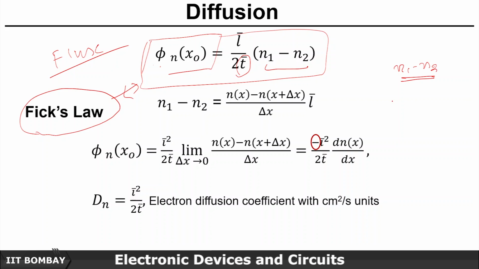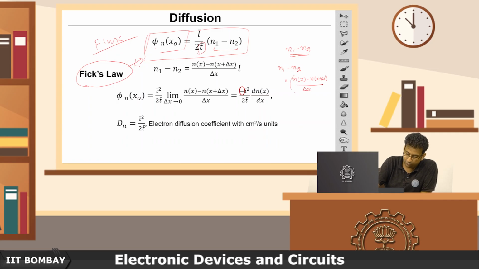So we can write N1 minus N2, the concentration difference from region 1 to 2, as N(x) minus N(x plus dx), divided by dx, and this whole term multiplied by L bar. Here dx is a very small differential element along the x-axis.